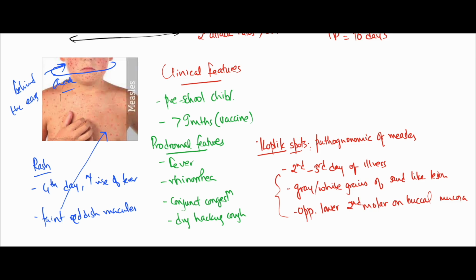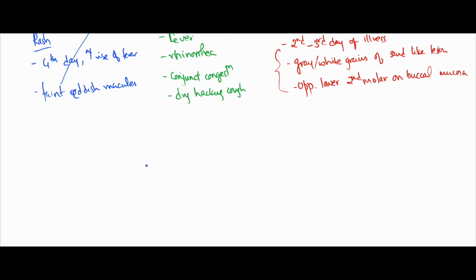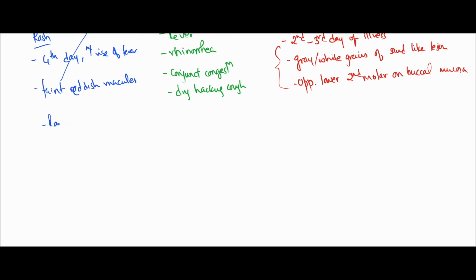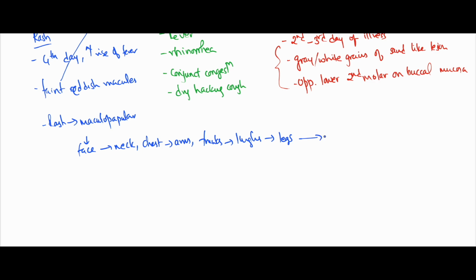So the rash becomes maculopapular and spreads to the face, neck, chest, arms, trunk, thighs, then finally the legs, in that order, in 2 to 3 days, and starts fading in the same order.